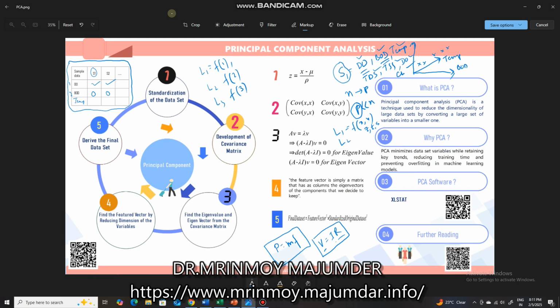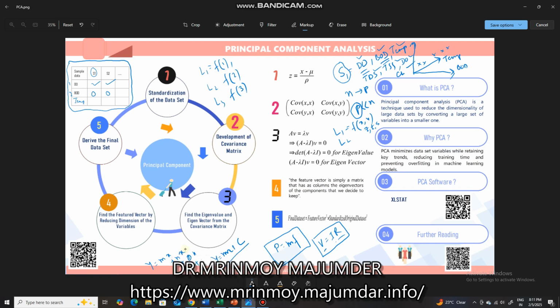The model y is equal to mx plus c is much simpler compared to another model like y is equal to mx plus ny plus oz, and so on.